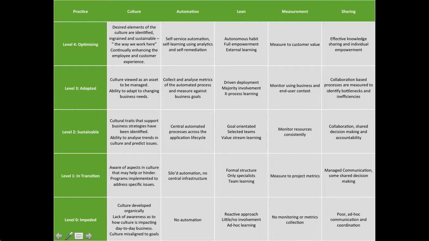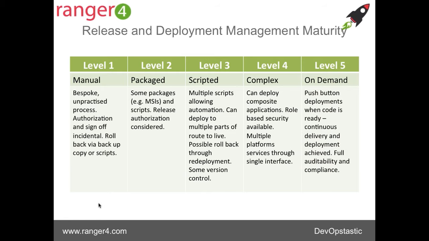I like to call this measuring feature value, or as one of the customers in training last week said, the aha to ka-ching moment, which I really enjoyed as well. So it's this concept of being able to say, right, we had that idea, it cost us this much to get it to market, and while it's been in market, it's been making us this much money or this much difference to our income. And we can't do that if we haven't integrated our tools, and we haven't got requirements integrating into test, and we haven't got tests implementing through to our CD and continuous deployment platforms.